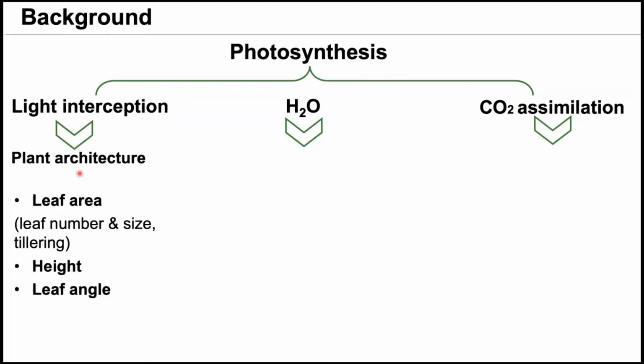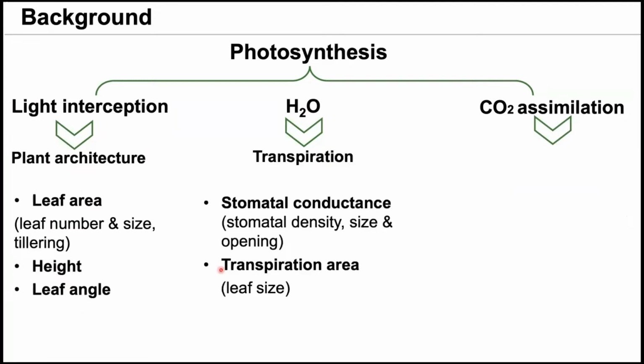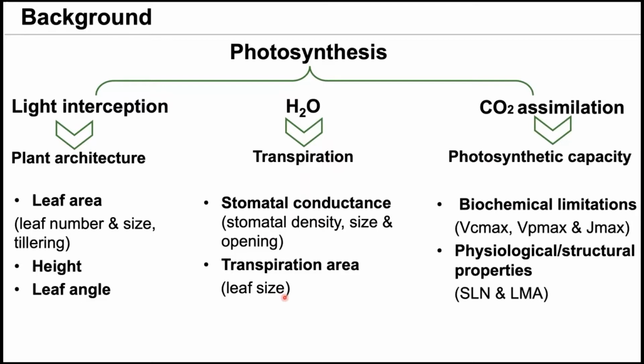Light interception is influenced by plant architecture, such as leaf area, height, and leaf angle, and transpiration is influenced by stomatal conductance at the leaf level, while at the plant level, transpiration area is also one of the factors. For CO2 assimilation, it's mainly determined by biochemical limitations and physiological properties.